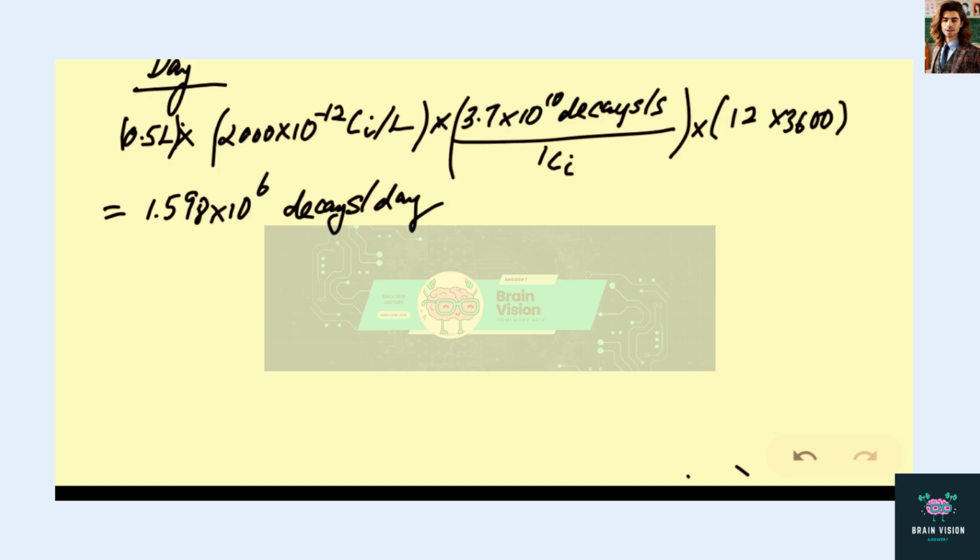Next, we can find the energy that is being absorbed by the person per year. From here, we move on to a year.